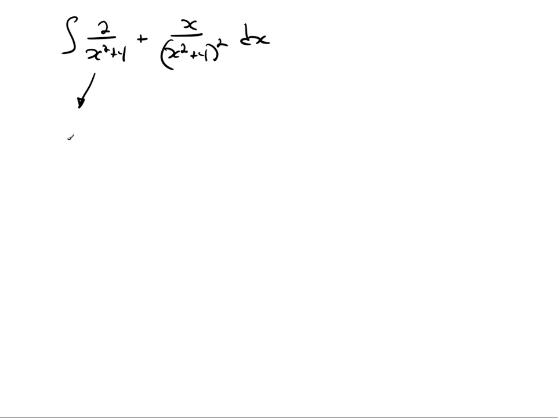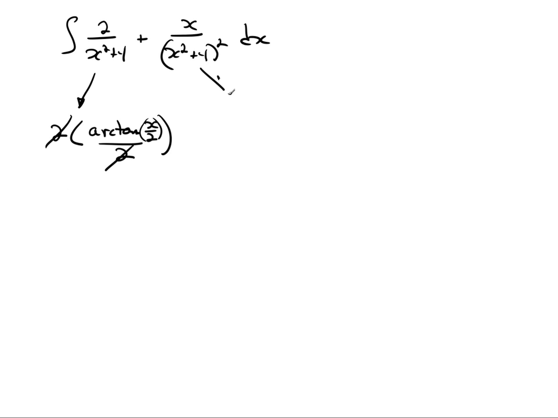This is simply going to be 2 times, this right there's a 2. If I pull the 2 out, it's 1 over x squared plus 4. That's x squared plus 2 squared. That is going to be arctan of x over 2, like that, all over 2. That's just the first component. So these 2's will end up canceling.